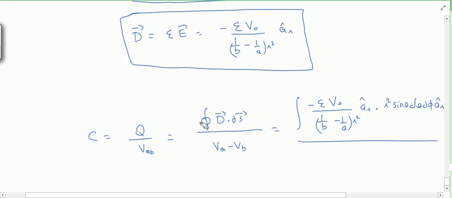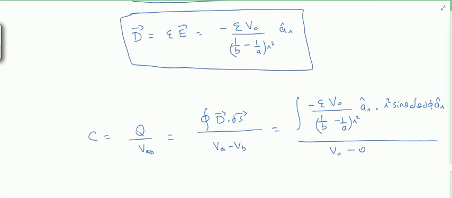So it is basically from Gauss law, and D value is here. Okay, now in place of V_A we can write V naught, and in place of V_B we can write 0, and we can simplify this above expression.